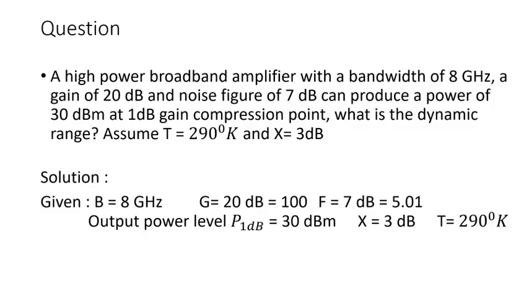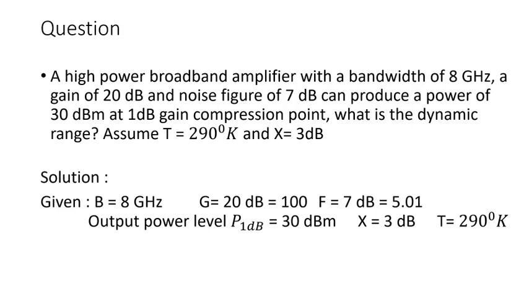Now let us try to solve a problem based on 1 dB compression point or dynamic range. This problem I have taken from the reference book. The question is: a high power broadband amplifier with a bandwidth of 8 GHz, a gain of 20 dB, noise figure of 7 dB can produce a power of 30 dBm at the 1 dB gain compression point.